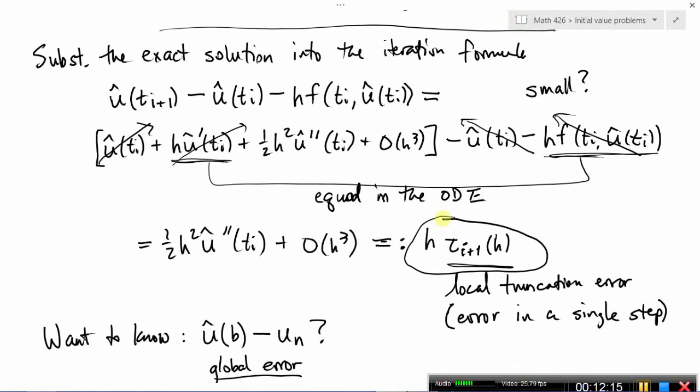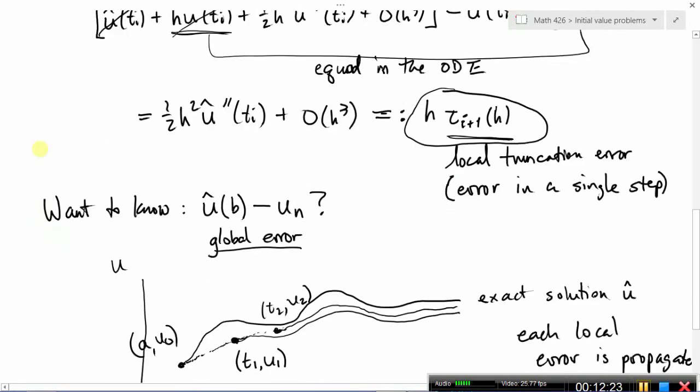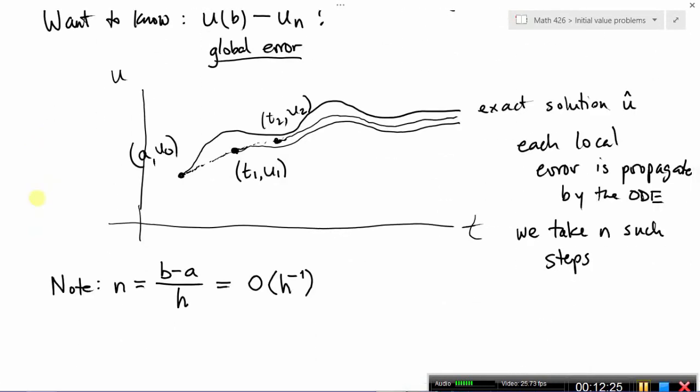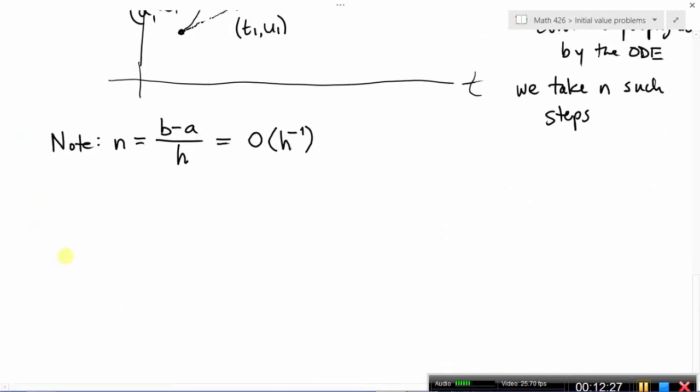So in other words, if the error only went down by a factor of h, then I would give that factor of h back when I took the n steps. So we're dividing by that h to sort of already account for the fact that we're taking n steps. So this is already accounted for in the definition of tau i plus 1.